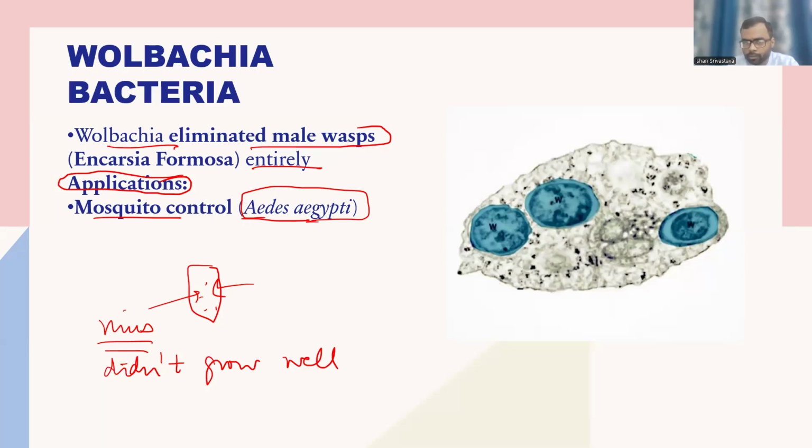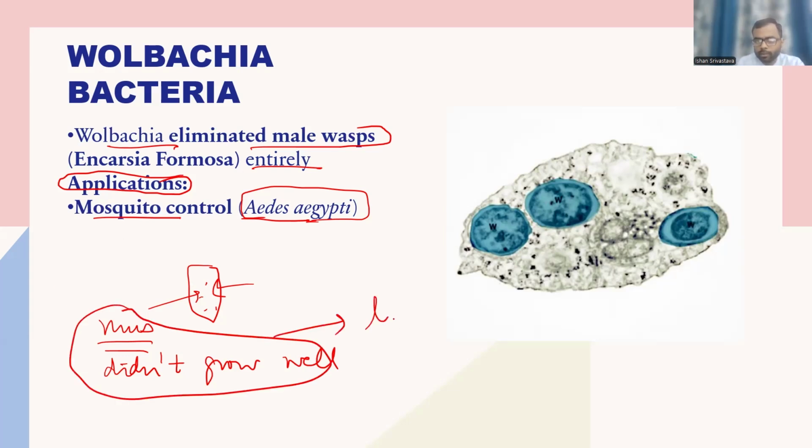If the virus does not grow well in these mosquitoes, then how can they transmit it? They will not be able to transmit this virus to humans, and that is how you can bring down the incidence of diseases like dengue. Right. So that is the understanding about Wolbachia bacteria.